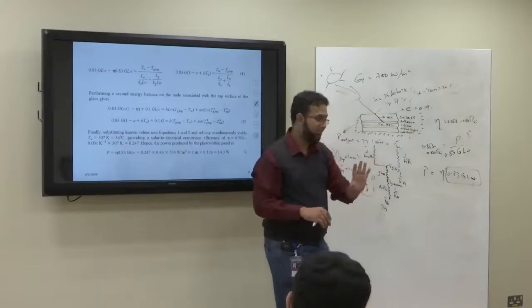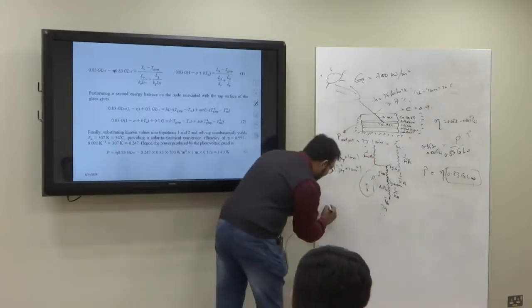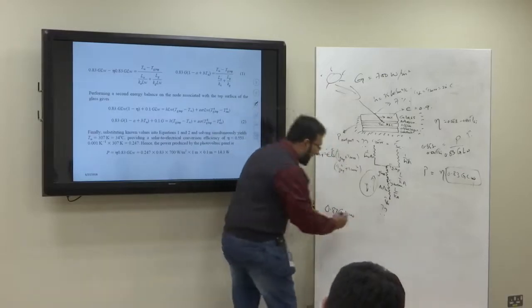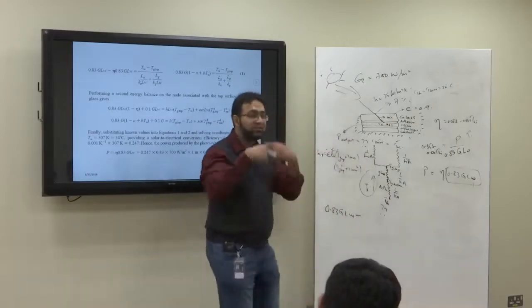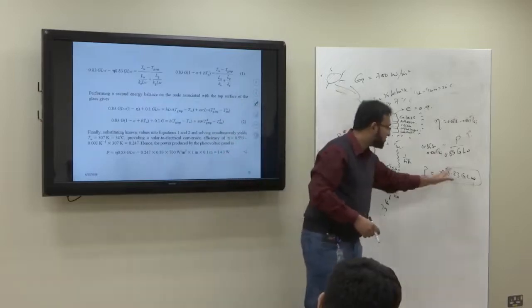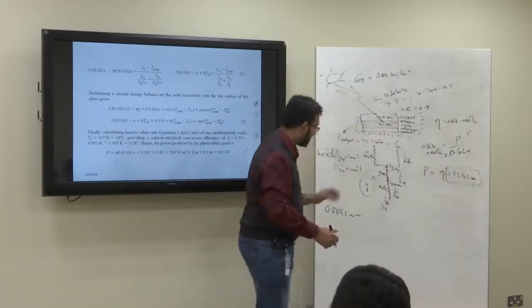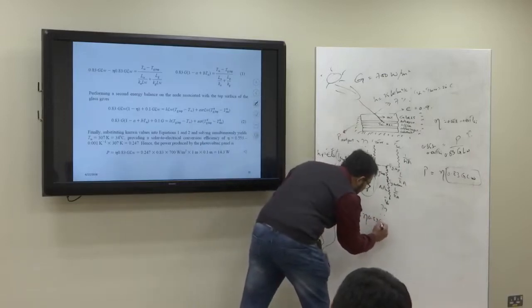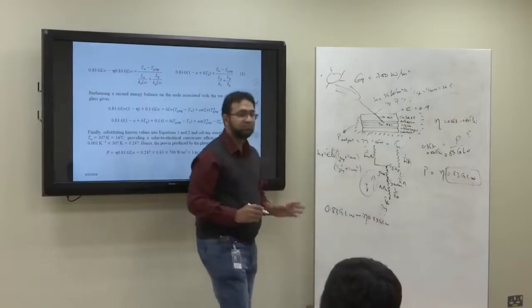Is it clear? So, total was 0.83 GLW minus electricity produced. Electricity produced is P, which is efficiency into 0.83 GLW. Okay. So, minus efficiency into 0.83 GLW. Is it clear?